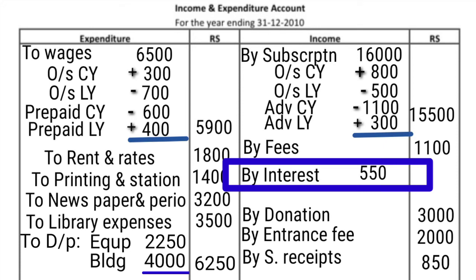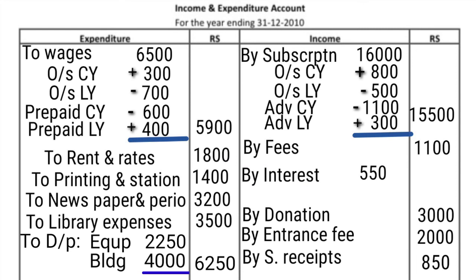In our question, there is one fixed deposit given, 8% fixed deposit. 8% fixed deposit means the interest rate is 8%. Here the interest is also given, interest amount is 550, but we need to verify the interest.